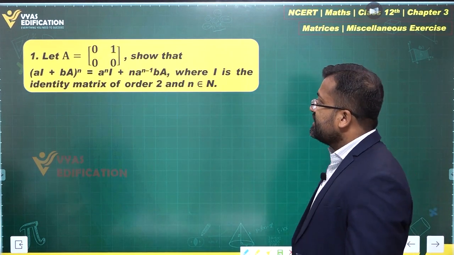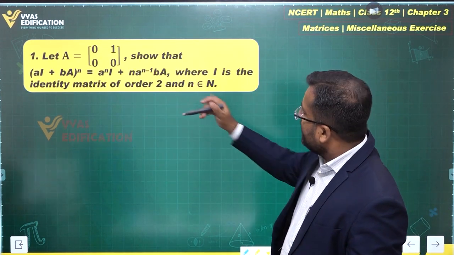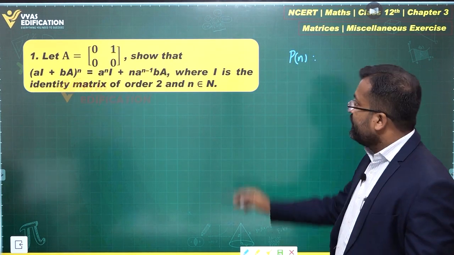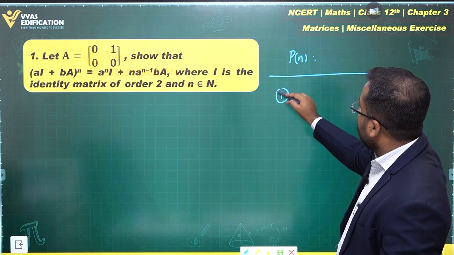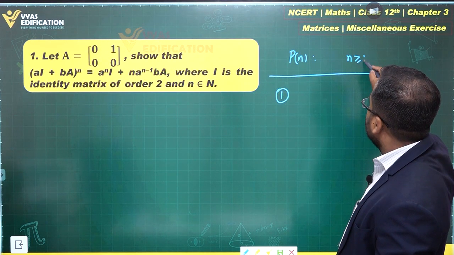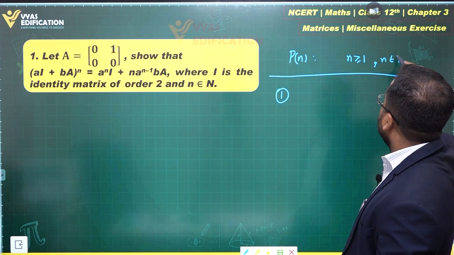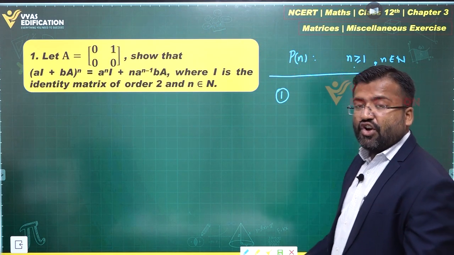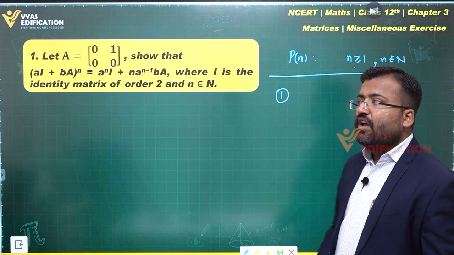The principle of mathematical induction says that if you want to prove any statement Pn, step 1 says, for n greater than or equal to 1, n belongs to natural numbers. If you want to prove this statement for all natural numbers greater than or equal to 1, right?